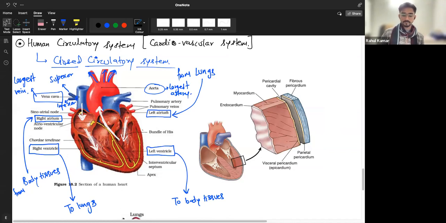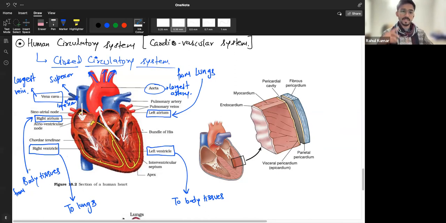It got deoxygenated in the tissues. So it was already deoxygenated when it entered the heart from the vena cava, correct? Yes. Then it went into the right ventricle. From the right ventricle it went into the lungs.